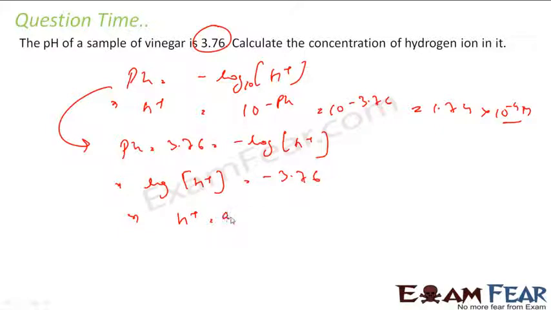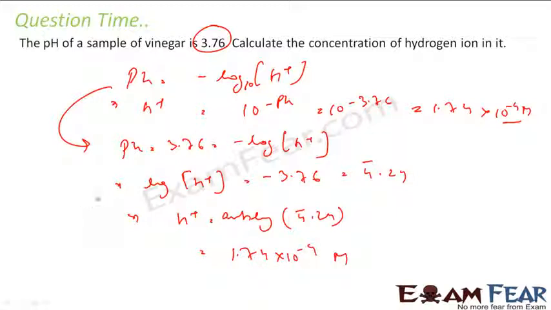The anti-log of this minus value becomes nothing but 4 bar dot 0.24. This is nothing but 1.74 into 10 to the power minus 4. This is a better way. You can use the anti-log.